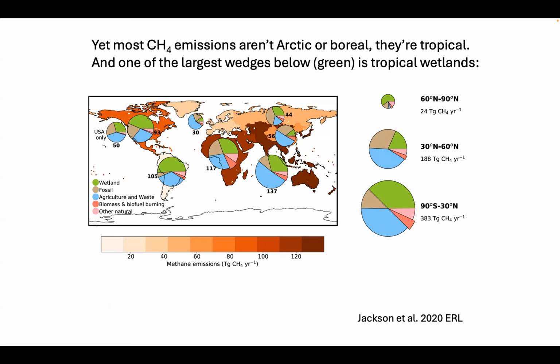But we don't have the measurement background to really know what they are on the ground, or enough of the baseline to say with confidence that they are increasing today. So that's really one of the emphases of this current effort. And you see this blue wedge here in the tropics is ag and waste, and the green wedge is the tropical wetland piece of the pie. So it's a major piece of global methane emissions.